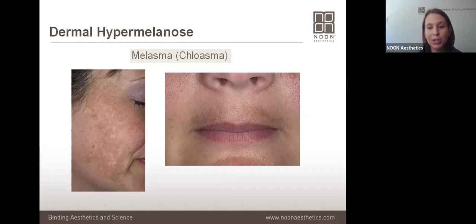So in the right picture, you can really see that it's on both sides of the upper lip. And if you have it on one side, you will also have it on the other side. So these are the characteristics of melasma or cloasma.